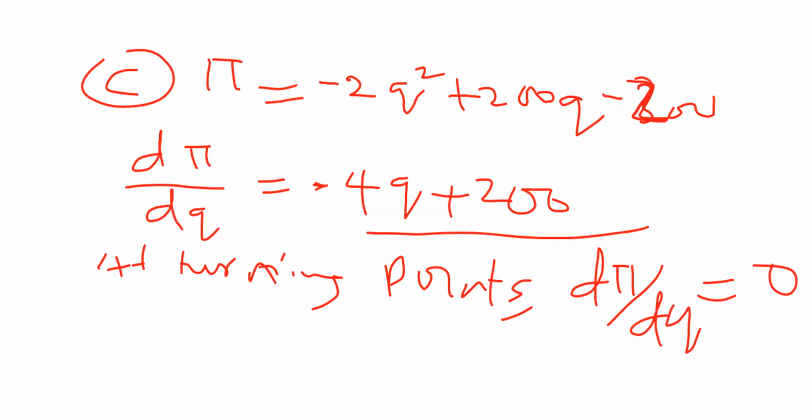The total revenue function is the one we have gotten in part A, and the total cost is the normal function given, so differentiate that.